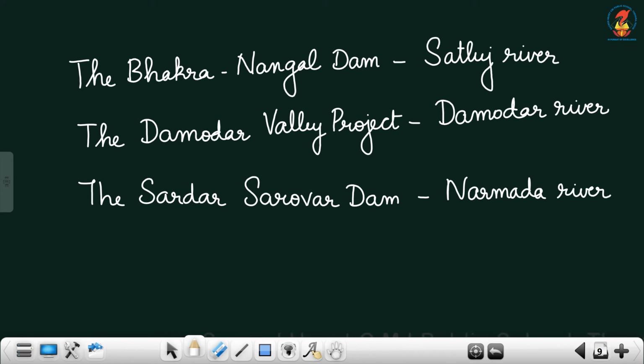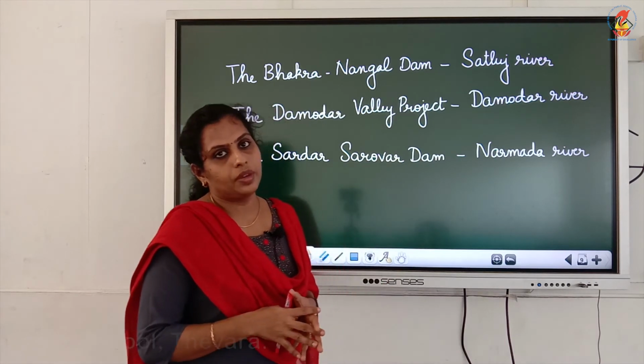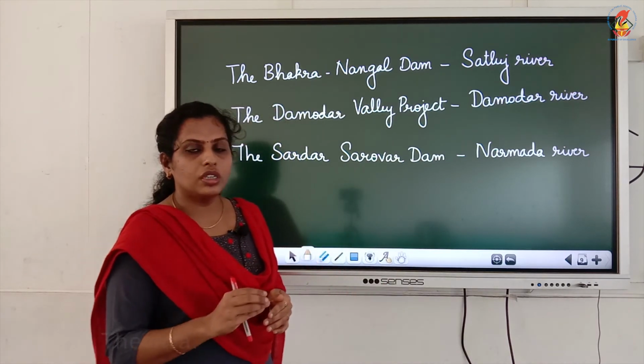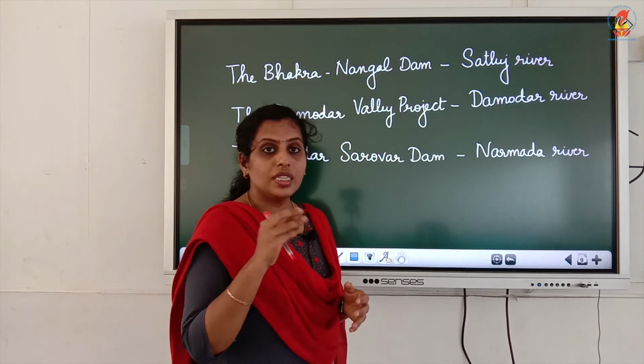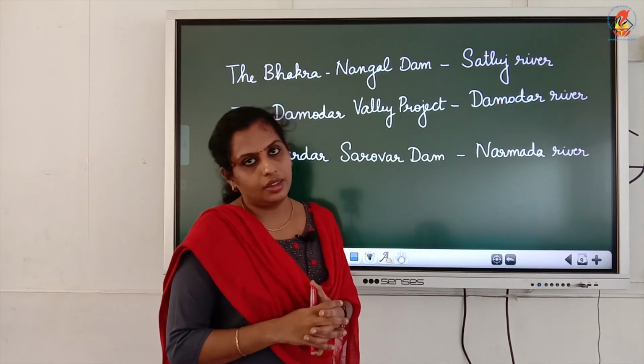Next one is Damodar Valley Project. It is built across the Damodar River and its tributaries. Okay. Sardar Sarovar Dam. It is built across Narmada River. So these are the water resources we have. These are the means of irrigation we have in our country, India.